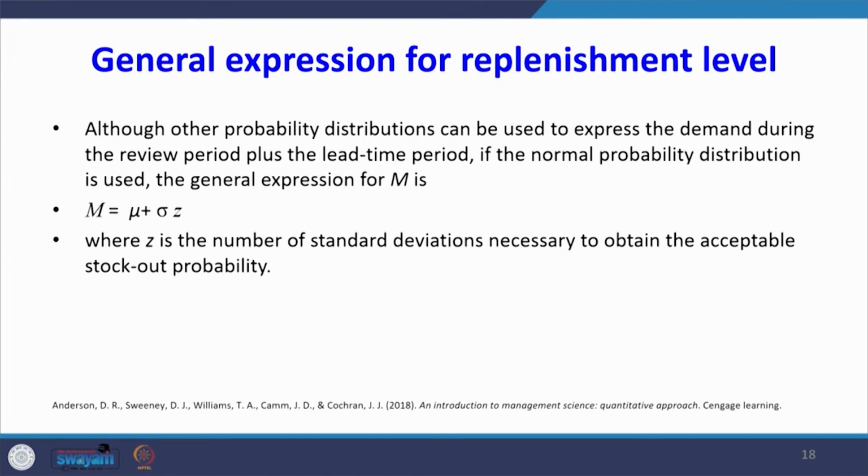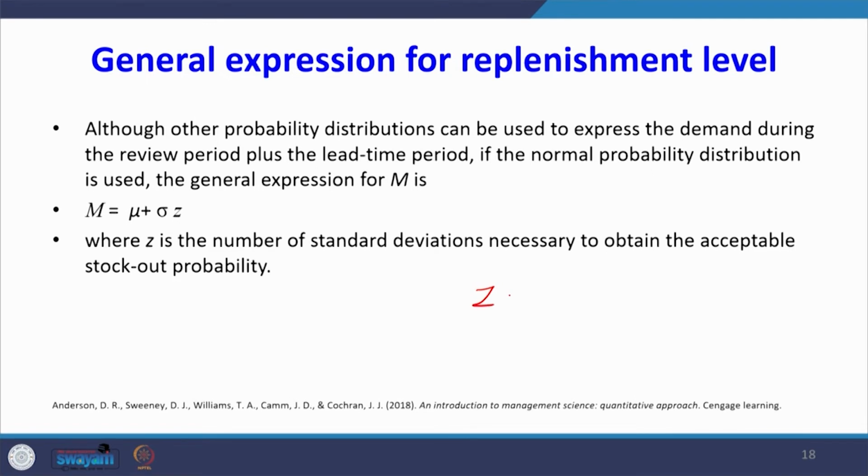So, what is the general expression for knowing this replenishment level? Although other probability distributions can be used to express the demand during the review period plus lead time period, if the normal probability distribution is used, the general expression for m is mu plus z sigma, where z is the number of standard deviations necessary to obtain the acceptable stock out probability. This formula is not something new.